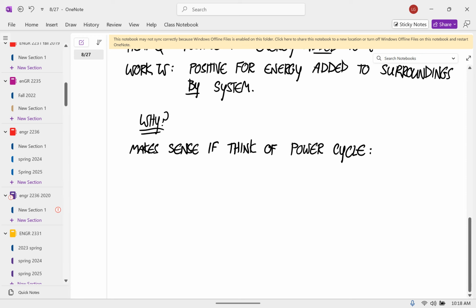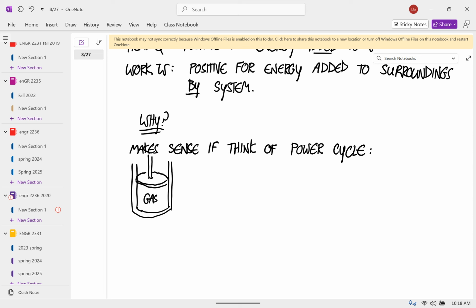So let's think of a cylinder and a piston. This is like a cross-section picture. There's the cylinder. Here's the piston. This is the gas that's our system.